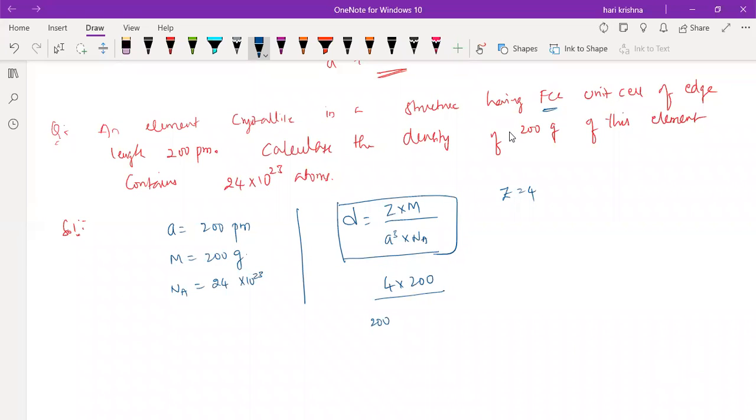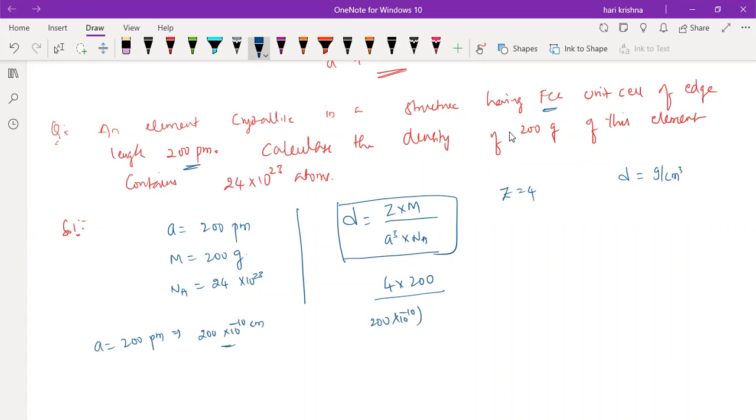So here the important point is, we'll take the density in gram per centimeter cube. So whatever picometers they have given, you have to convert that first. So A is equal to 200 picometers, or we can write 200 into 10 power minus 10 centimeters.